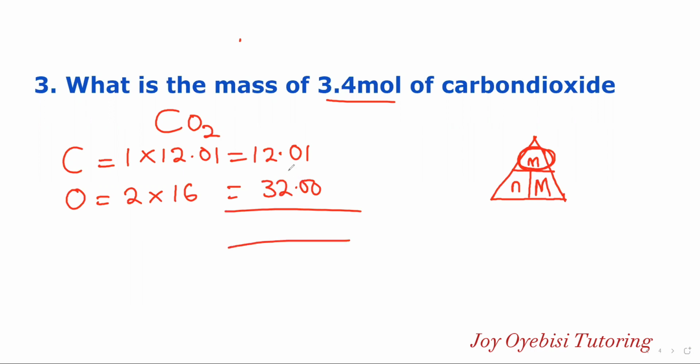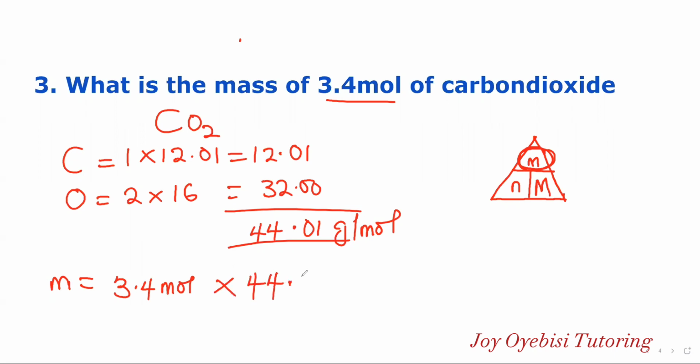Now add them together. This is going to be 44.01 grams per mole. So if we're looking for M, which is the mass, you would have it as 3.4 moles multiplied by 44.01 grams per mole.